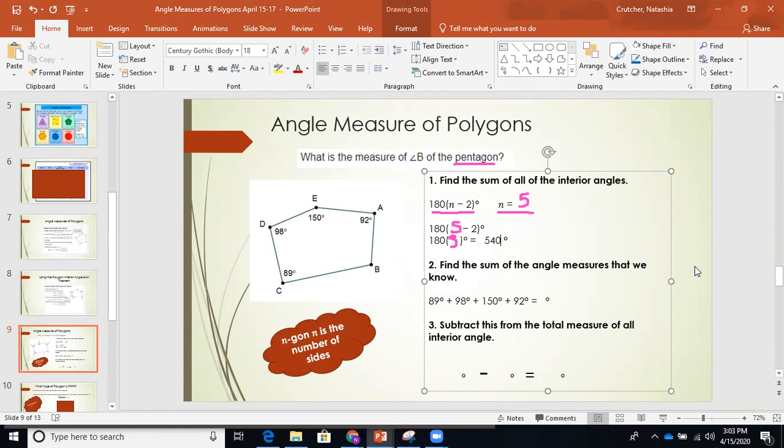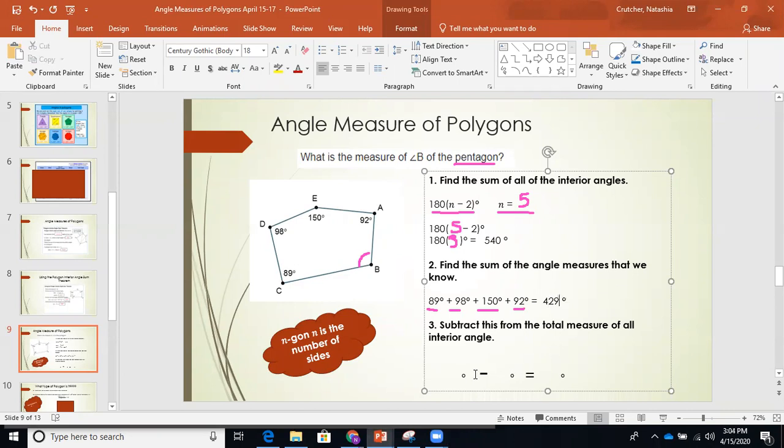That's how much our interior angles add up to, the sum of the interior angles. Now we need to know the sum of the angles that we already have because we are looking for angle B. So add up what we already know: 89, 98, 150, and 92. That's going to give us 429.